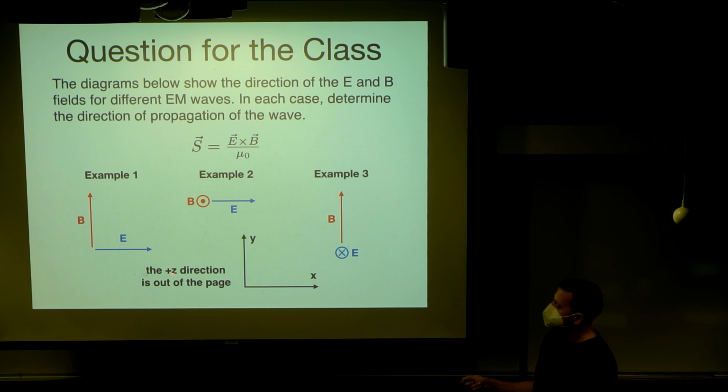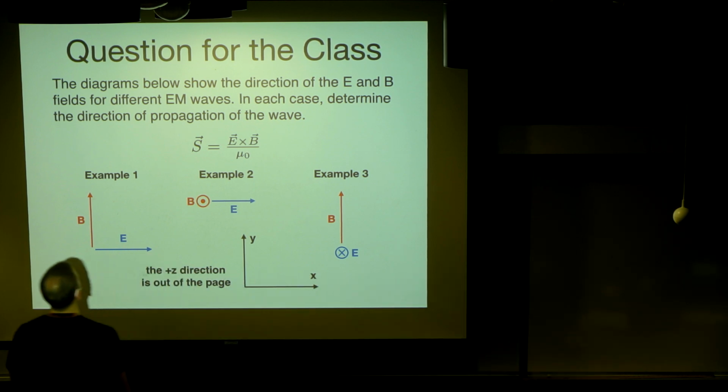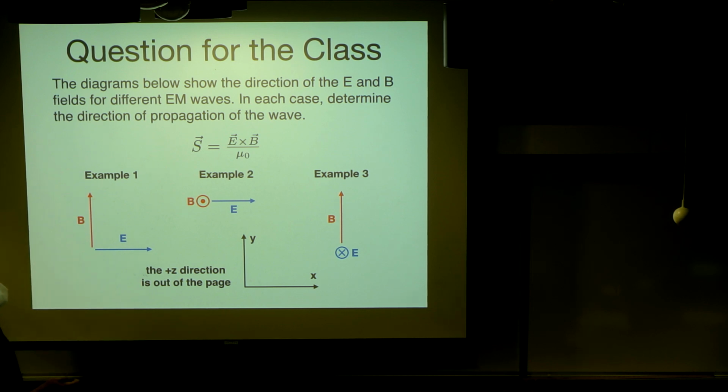That's the positive z direction, right? Let's verify. If I do E like this, that's the first vector, so point the fingers of your right hand in the direction of E, cross them with B, that means you point your fingers up, now your thumb is out of the page, so you got that right.